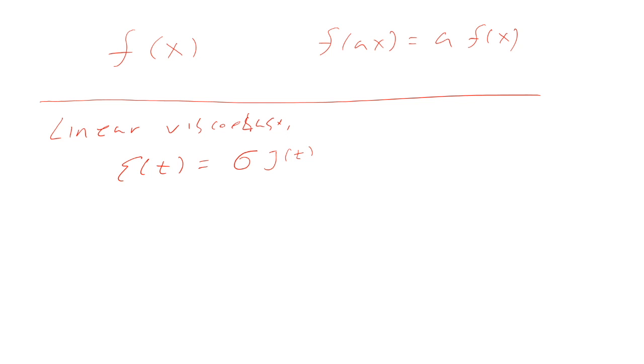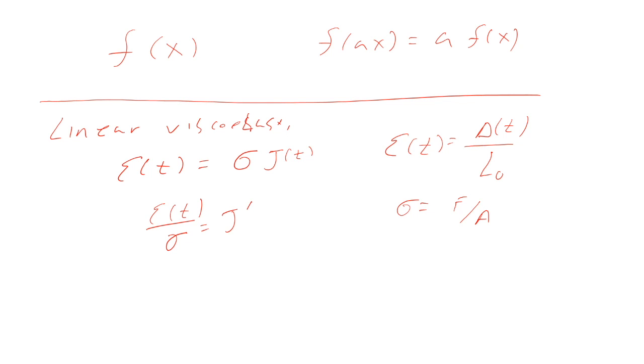So we have a time-dependent modulus that relates stress and strain. This is an engineering strain, and our stress is equal to force divided by area. So epsilon over sigma is J of t.